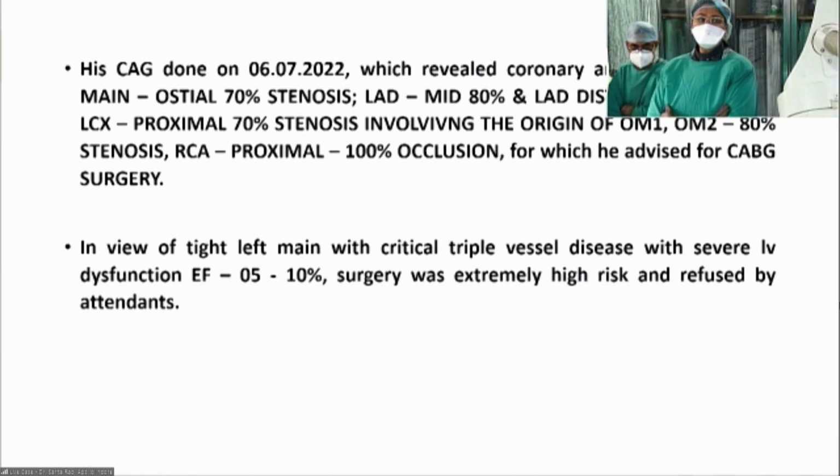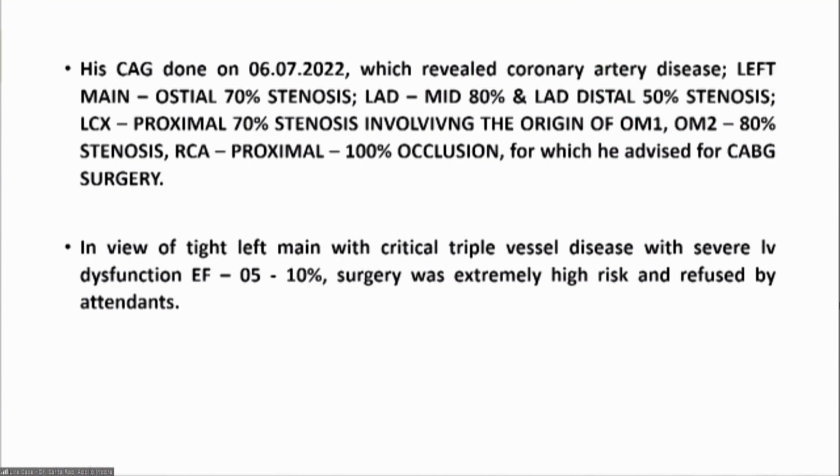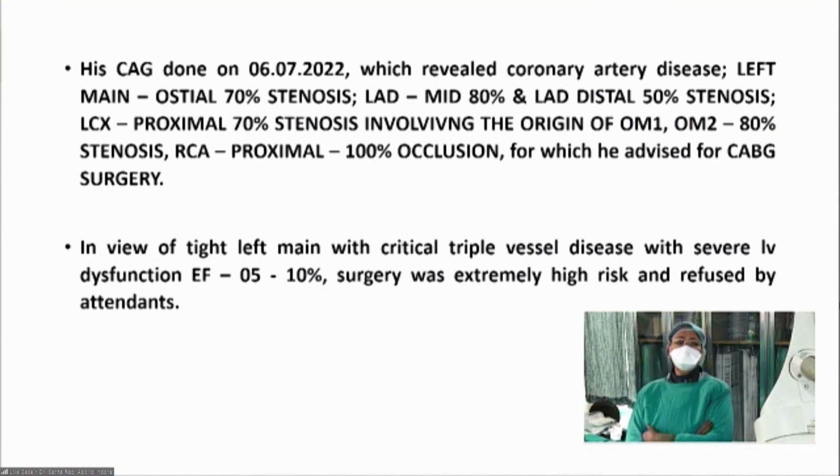Now, this was his angiogram, done on 6/7/22 at another hospital. It revealed coronary artery disease with a left main ostial 70% stenosis. His LAD had a mid 80% lesion, distal 50%. The circumflex had a proximal 70% stenosis involving the origin of the OM1. OM2 was also 80%. The RCA had a proximal 100% occlusion.